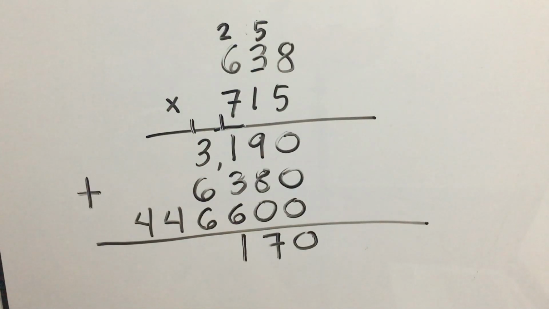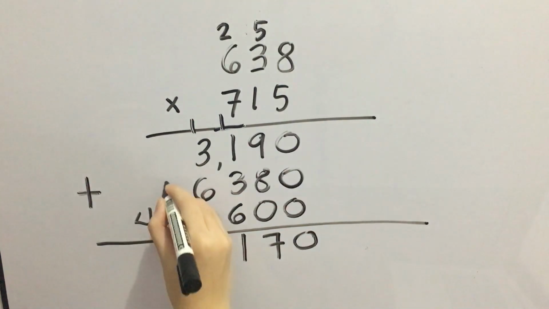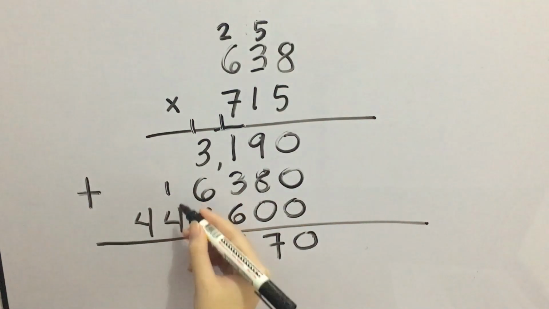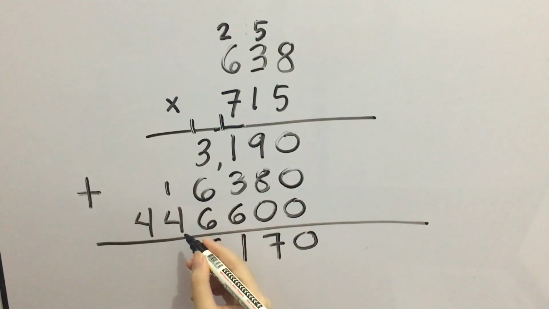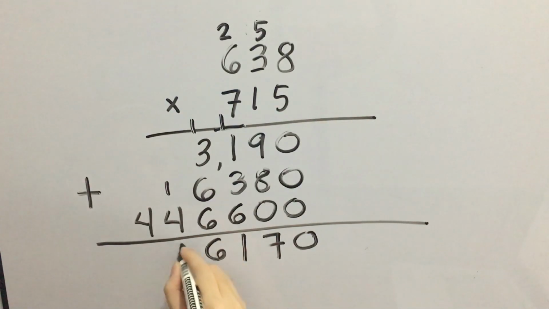Let's write 6 in the thousands column and carry 1 in the 10,000s place. 1 plus 4 equals 5. Lastly, we simply bring down 4.